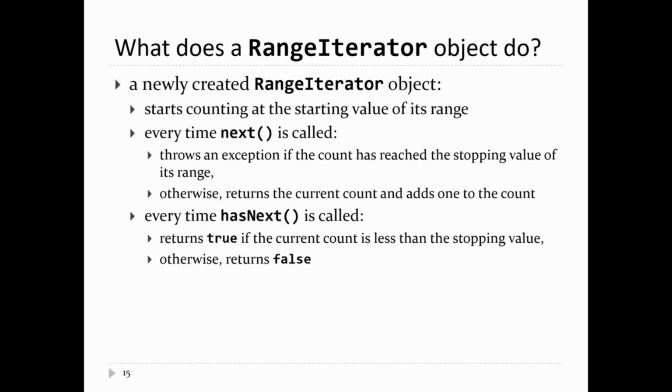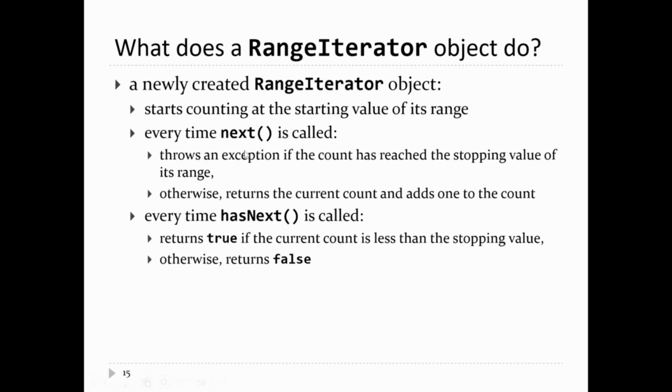If you make a range iterator object that starts at 0 and goes up to but not including 10, the starting value of the range iterator should be 0. Whenever you take the object and ask for the next value, it returns the next value in the range. So it's called next, but it actually returns the current value in the range, and then it goes to the next element in the sequence.